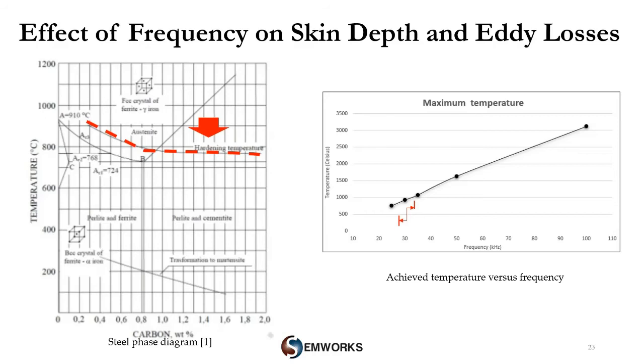So for our case, and based on the second plot of the variation of temperature versus frequency, we can confirm that for our heated gear design, frequency should be around 30 kHz. Now let's move to the effect of material property. How could it improve the heating profile?